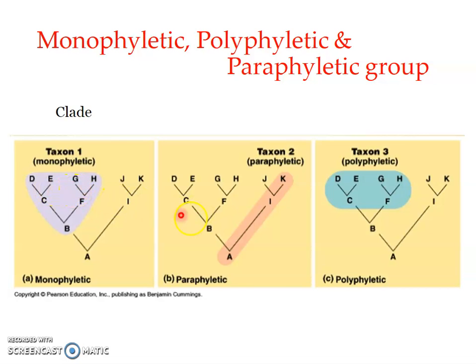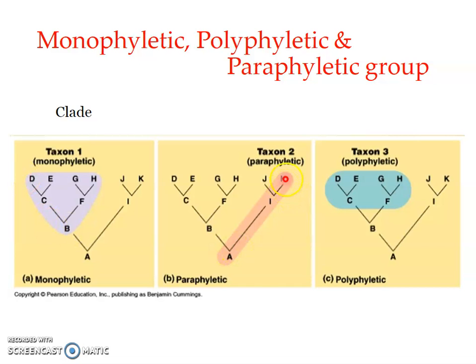If we consider only the descendant D and the ancestor B, this is a paraphyletic group because we are not considering any other descendants from the ancestor.